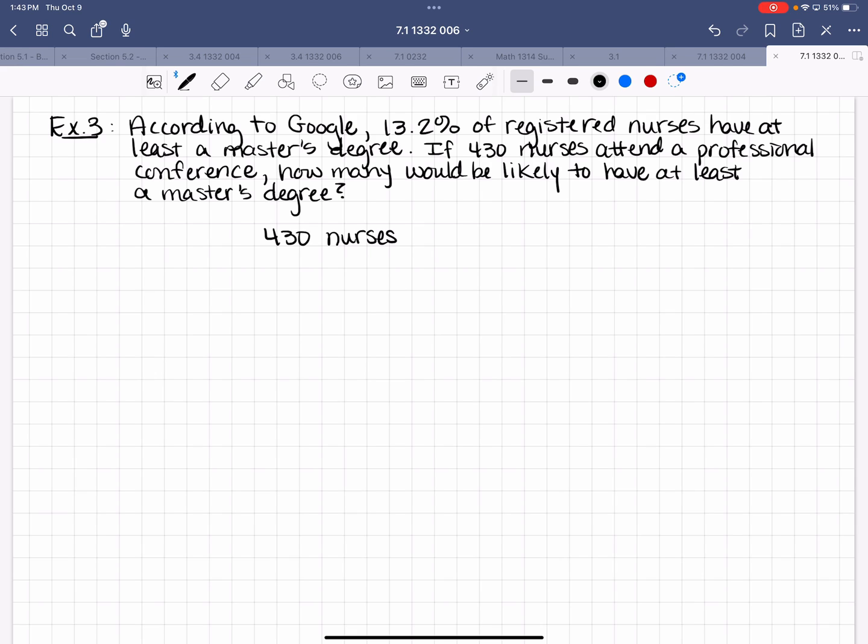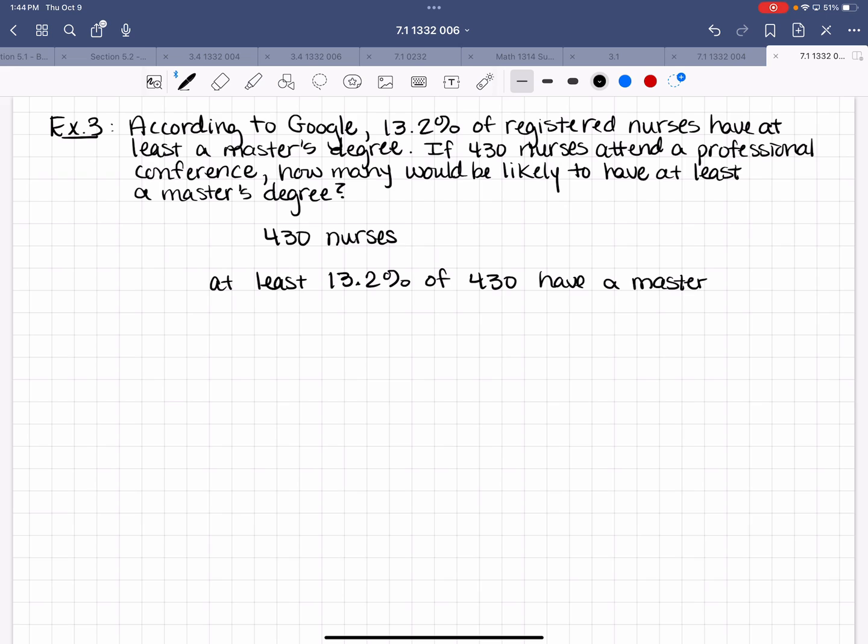And what do we know about those 430 nurses? Or what should we know about it? What are they predicting? What are they saying? At least 13.2% of those nurses, of the 430, have a master's degree. So at least 13.2% of 430 have a master's.